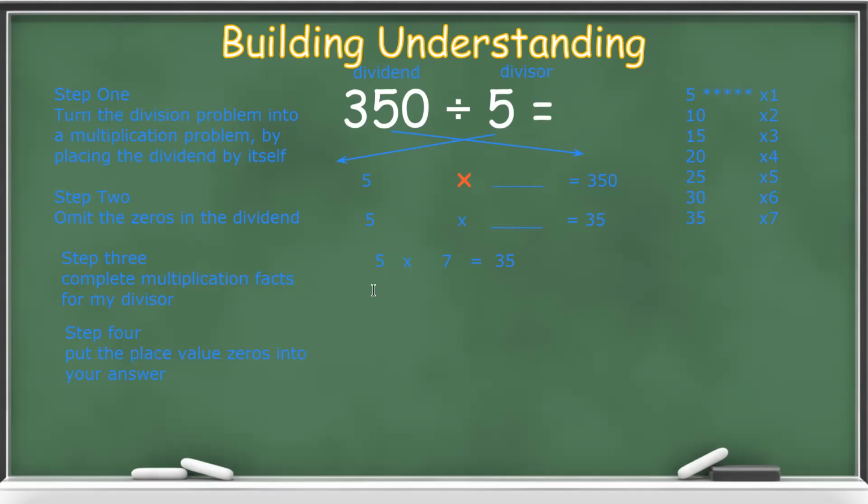That means I have 1 place value 0 in my answer. So 5 times 7, 1 place value 0 equals, and I have to put it back here, 350. So my 350 goes there, my 5 goes here, and right up here is where my 70 goes, because 5 times 7 is 35 and 1 place value 0.